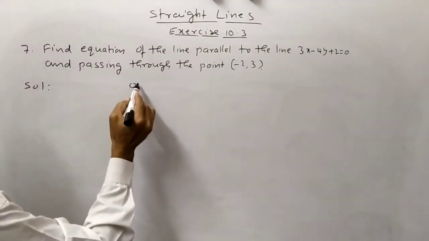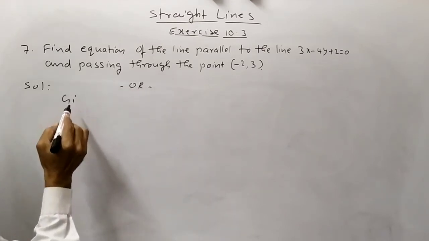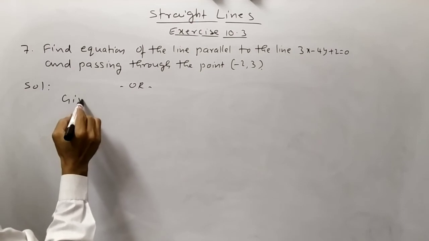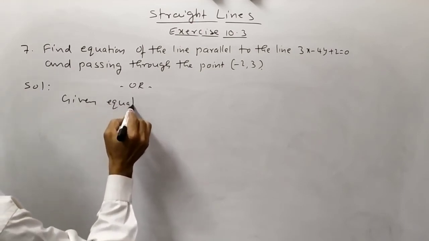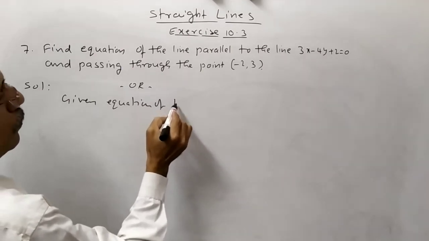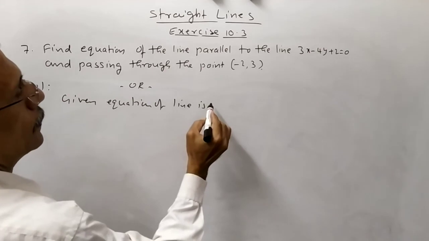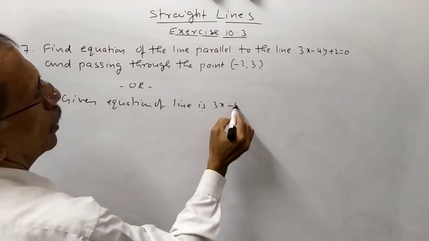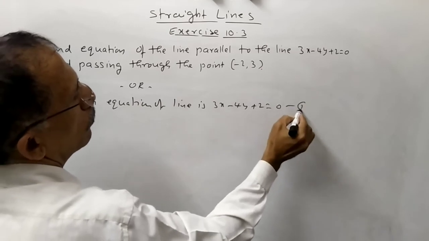Or we can follow another method. Given equation of line is 3x minus 4y plus 2 is equal to 0, say number 1.